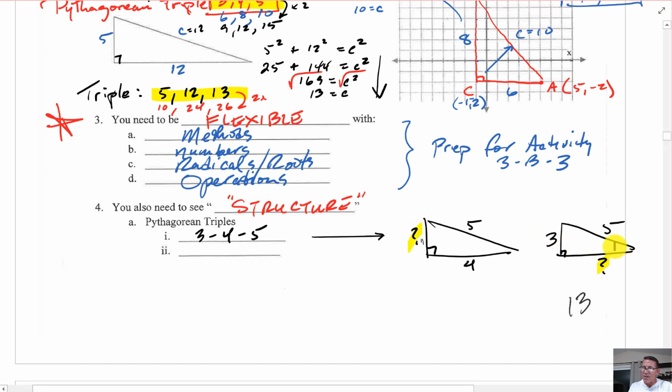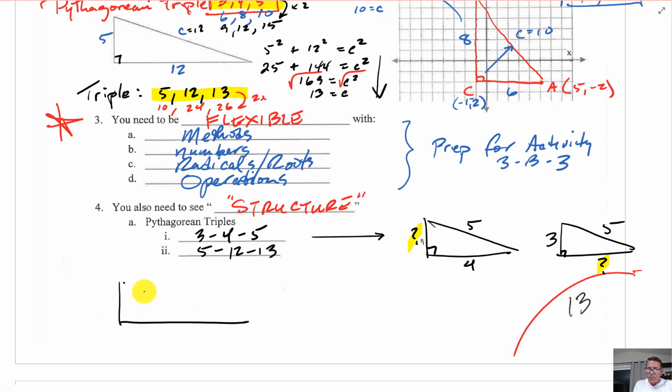All right, so you have to be able to see how things are related, and one of the important things is looking at the Pythagorean triples. Another one is the one that we talked about up here, which is the 5, 12, 13. So for example, if I give you this triangle, and I put a 5 here and a 13 here, and I asked you to find the unknown leg, it's 12 just by knowing the structure.